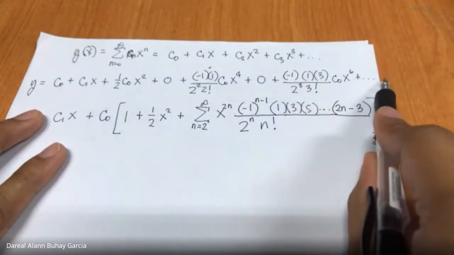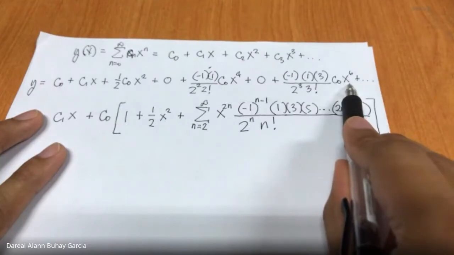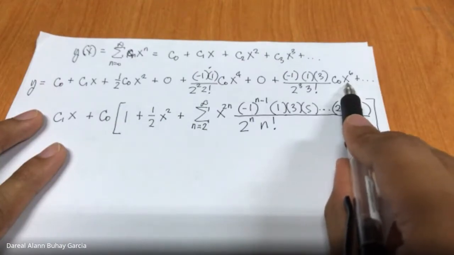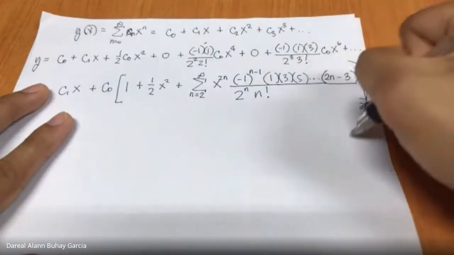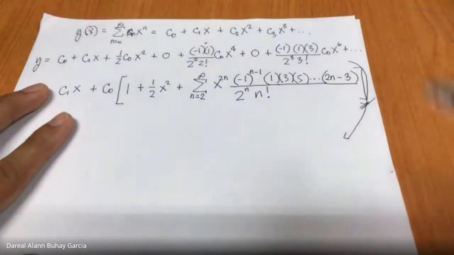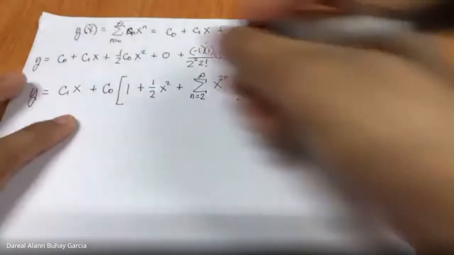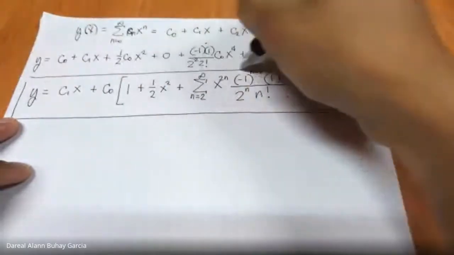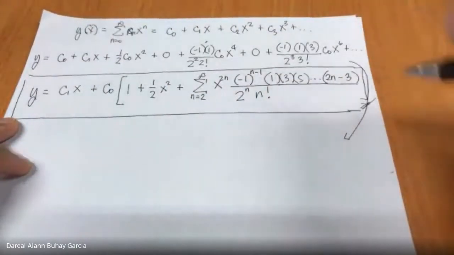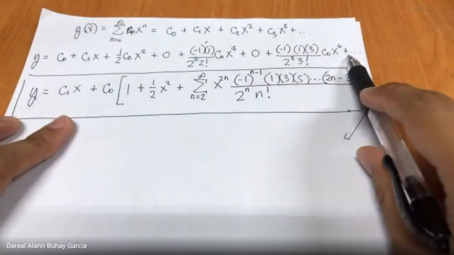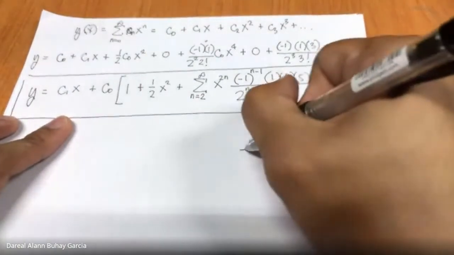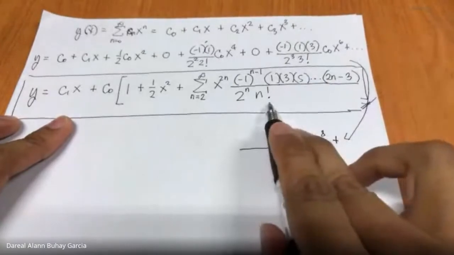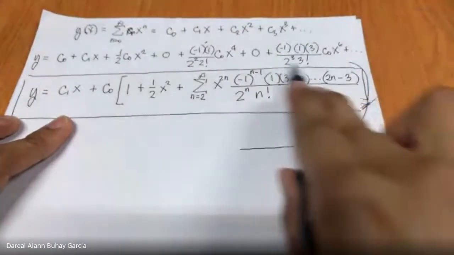Dire mag-expect ta sa coefficient sa x to the power of 8. Mag-expect ta nga ang coefficient ni x to the power of 8 is equal to, kung sundon nato ning notation, ay kaning atong newly formed na sigma.